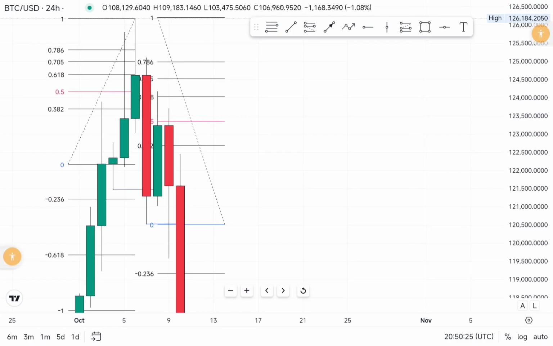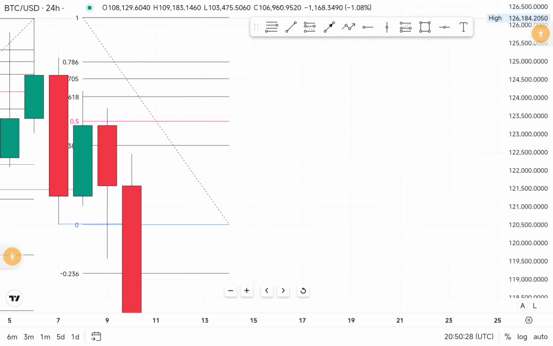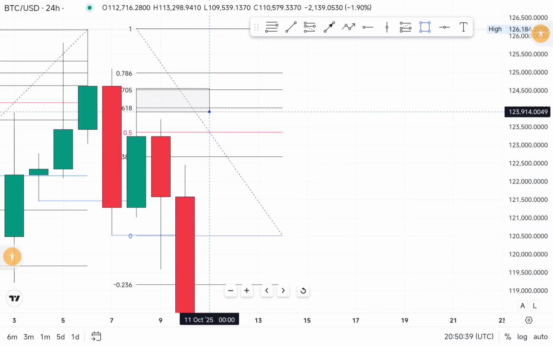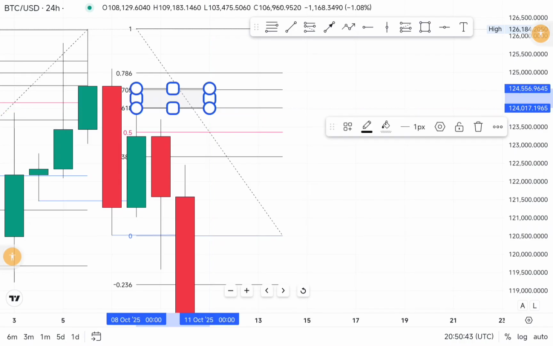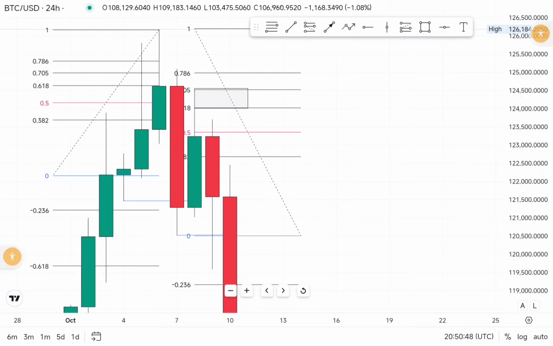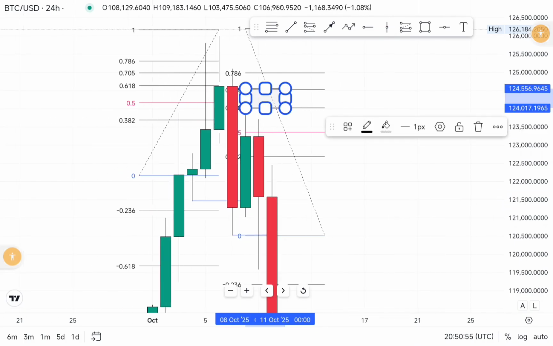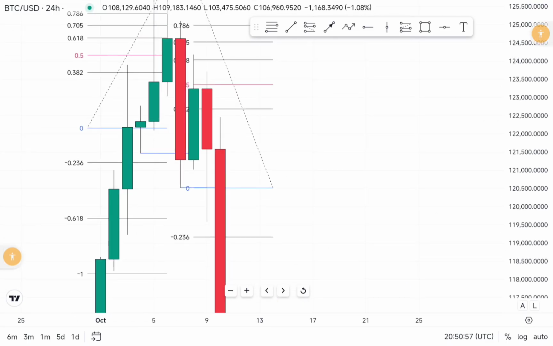So that is another Fibonacci deviation projection to confirm the pullback. You can see the pullback. It tested this 0.618 to 0.705 region, and the price continues in the original direction of the trend.